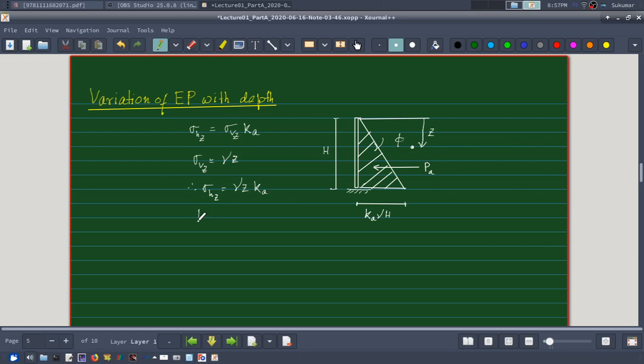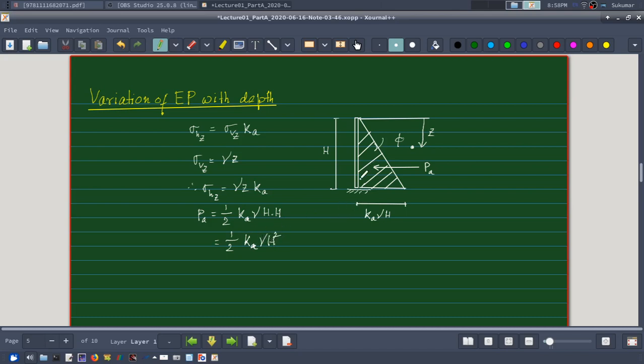So Pa will be how much? It is the area of the earth pressure diagram, so half Ka gamma h times h. This is the area of the triangle, so it is half Ka gamma h square.